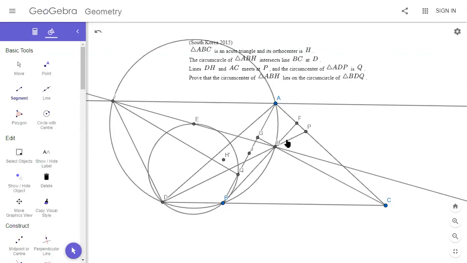Let's see. So QAD is isosceles. So yeah, QH prime and E are collinear. Or I'm sorry, QE is perpendicular to AB.